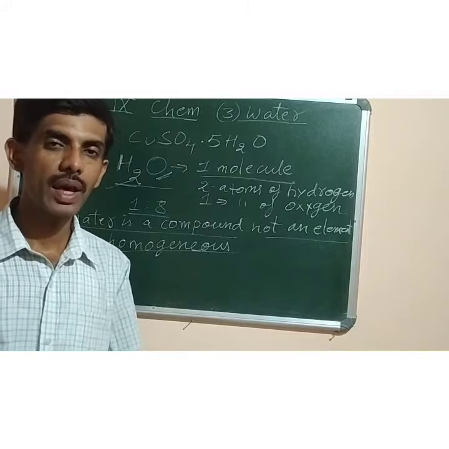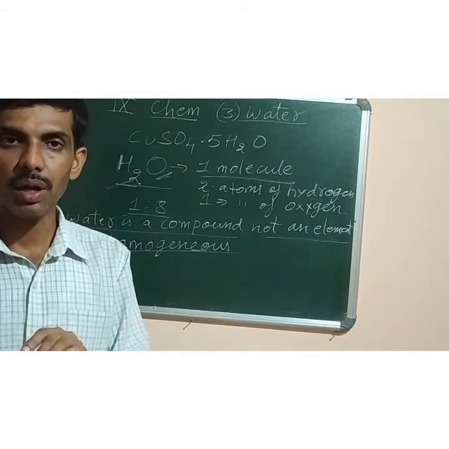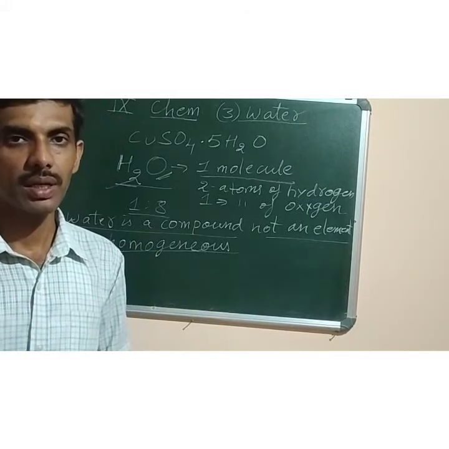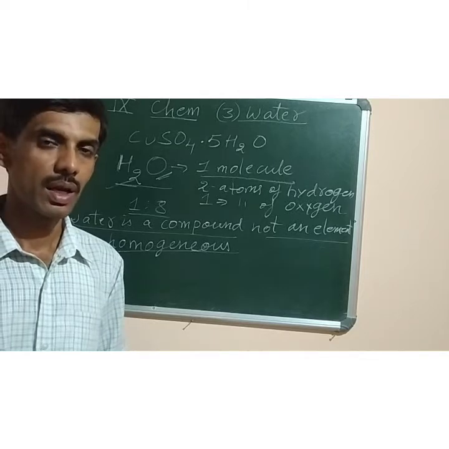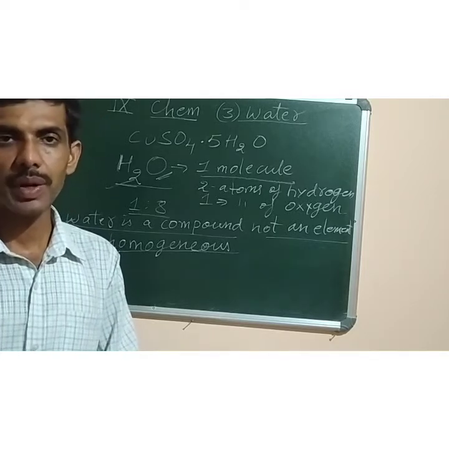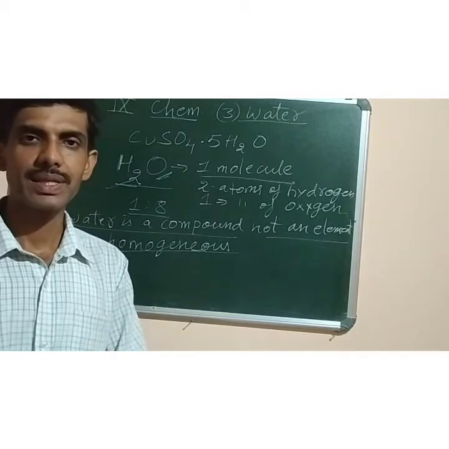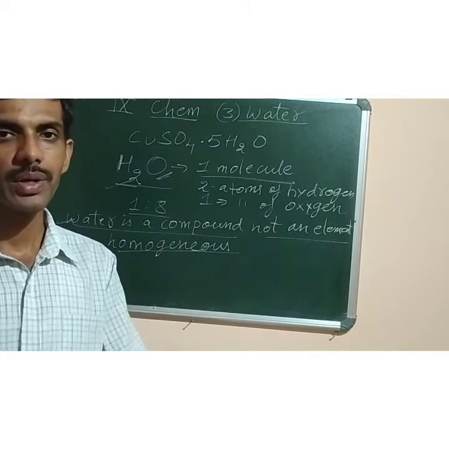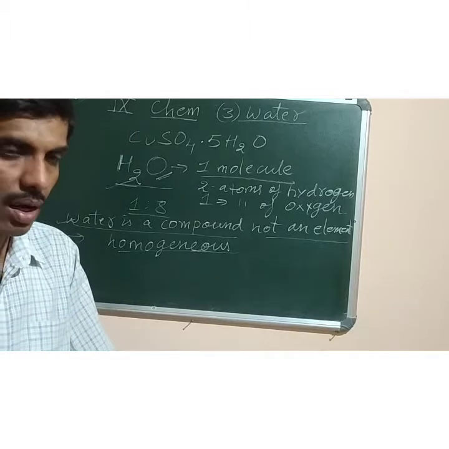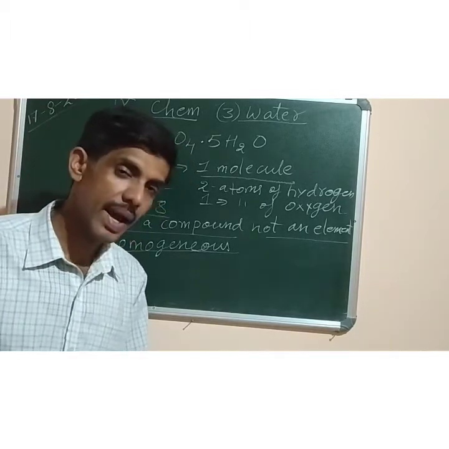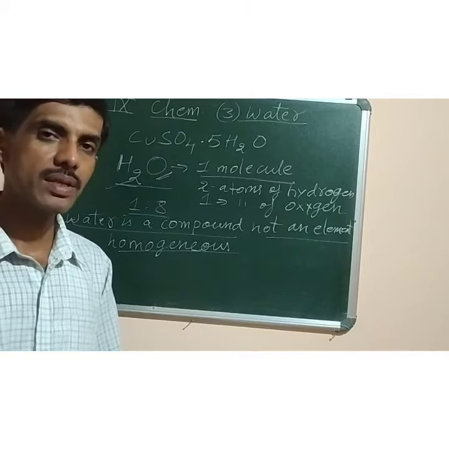Now next, water is a universal solvent. What is a solvent? Any substance that dissolves a solid in it is called a solvent. Like water is a solvent, milk is a solvent. Similarly alcohol, any liquid substance in which a solid can dissolve is a solvent. So water has the property of dissolving many substances in it.